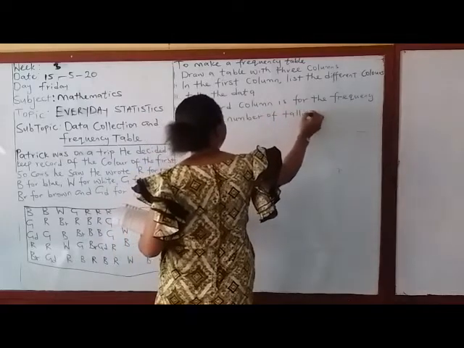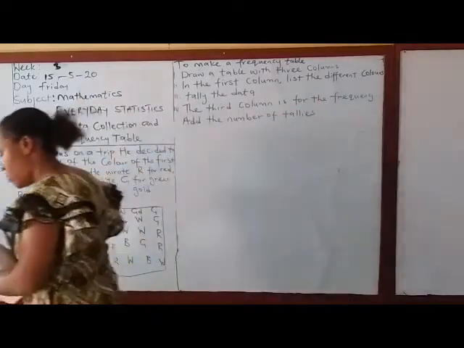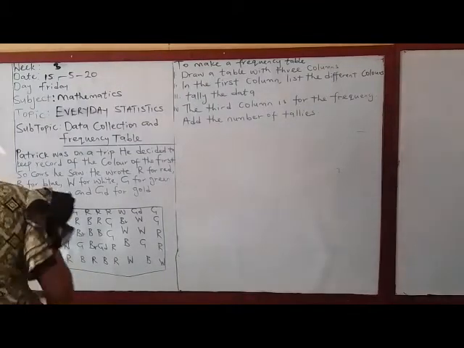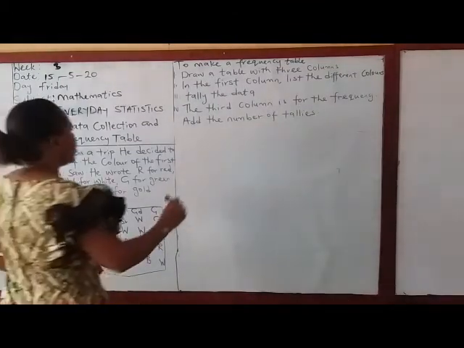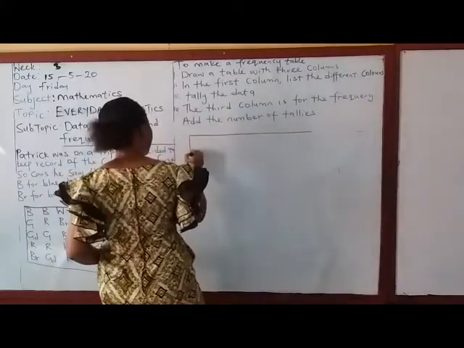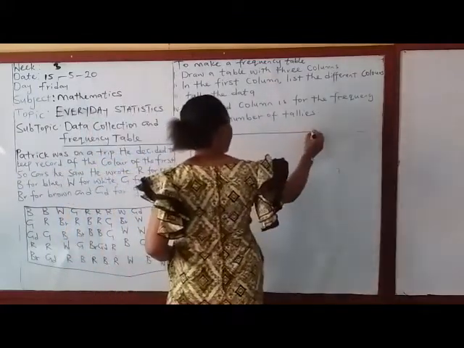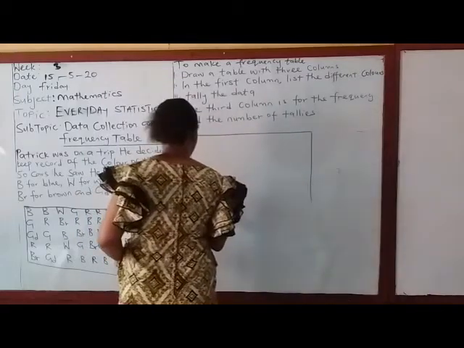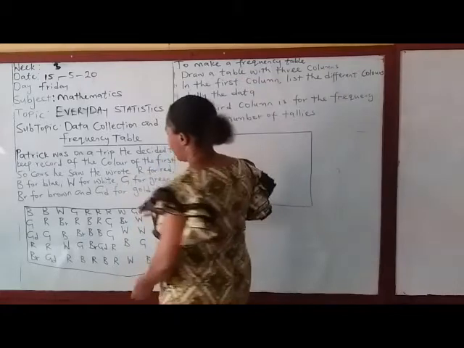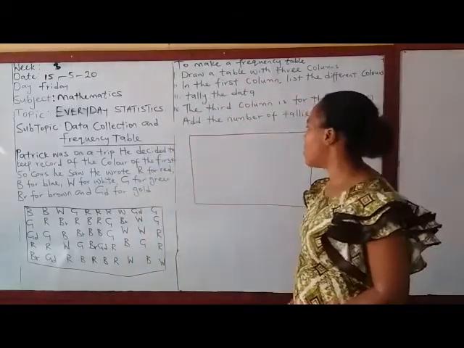Okay, so let's follow the procedure to drawing the frequency table. They said you should do what? Draw a table with 3 columns. And this is the table. Remember, we have gathered the data. This is the data. Now we want to make a frequency table.